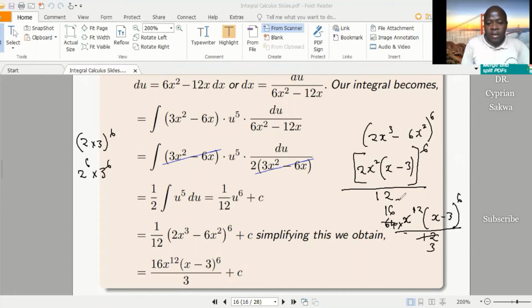So this answer here is the one you're seeing, plus the constant of integration: 16x raised to 12 into (x minus 3) raised to 6 out of 3, plus c. So I just factorized this. Although I had already said one would want to leave the answer at the earlier point, this answer can be factorized further, can be simplified further.